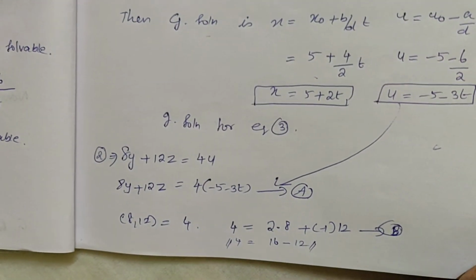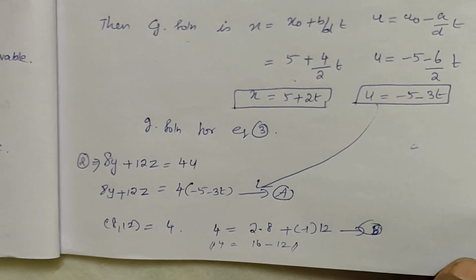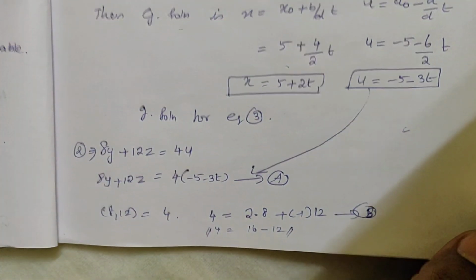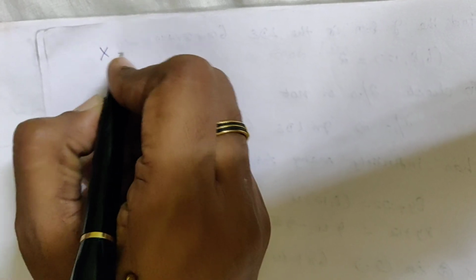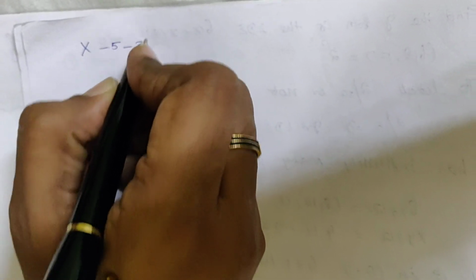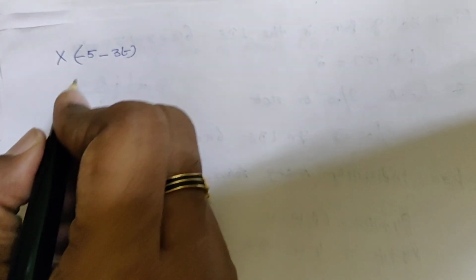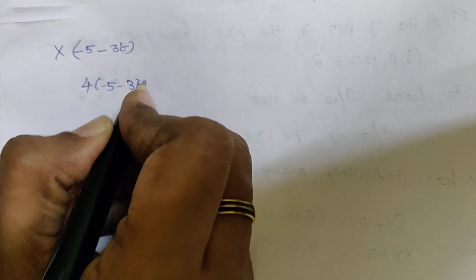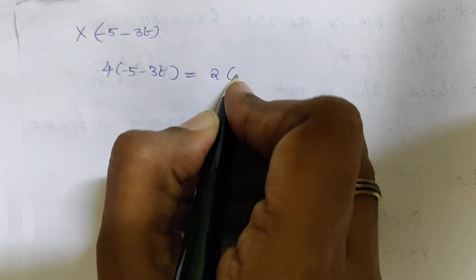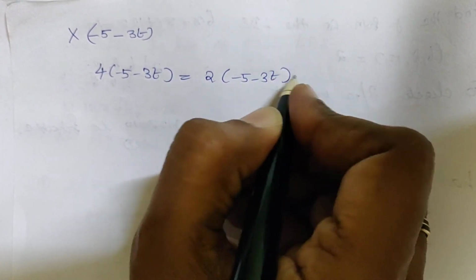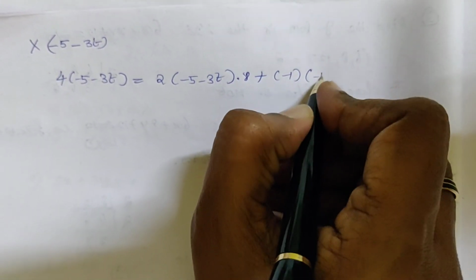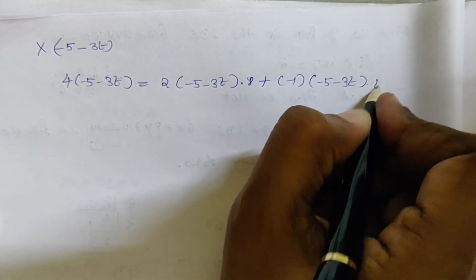For comparing purpose, we have to multiply (minus 5 minus 3t) on both sides. You will get 4 into (minus 5 minus 3t) equal to 2 into (minus 5 minus 3t) into 8 plus minus 1 into (minus 5 minus 3t) into 12.